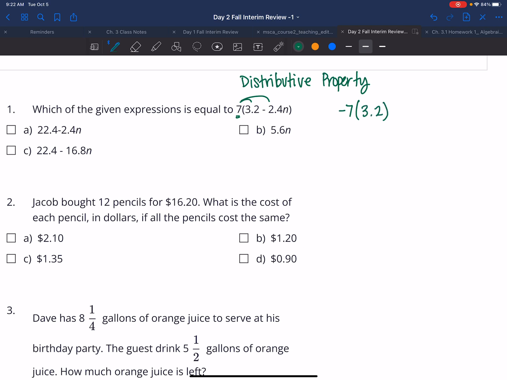Remember, this is a positive 7, so I'm gonna write positive 7 again on both sides of that. I'm gonna multiply, see the arrow. I'm gonna highlight it. It's negative 2.4n, okay guys? Make sure you understand that. So I'm gonna multiply negative 2.4n.